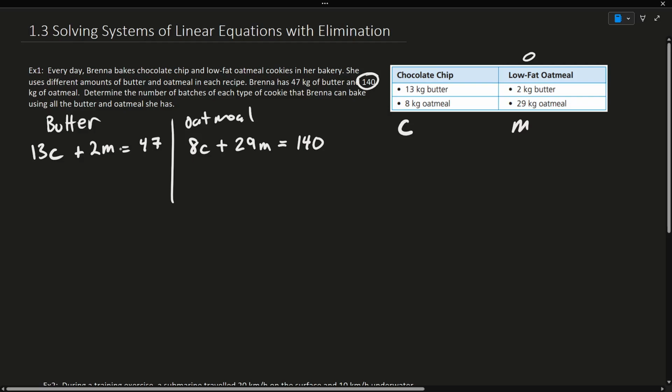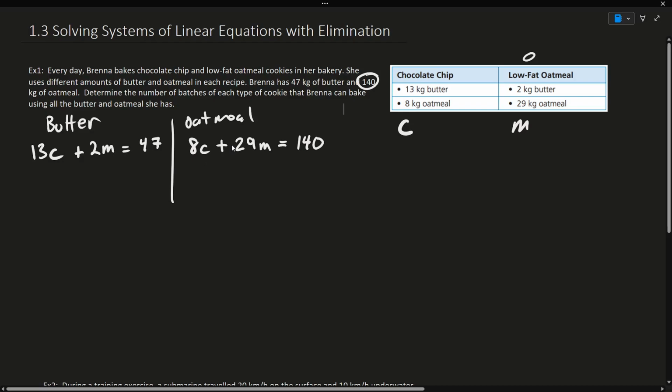So what we're going to do is try this with elimination, okay? We're going to attempt to make one of these variables, C or M, have the same coefficient in both equations.